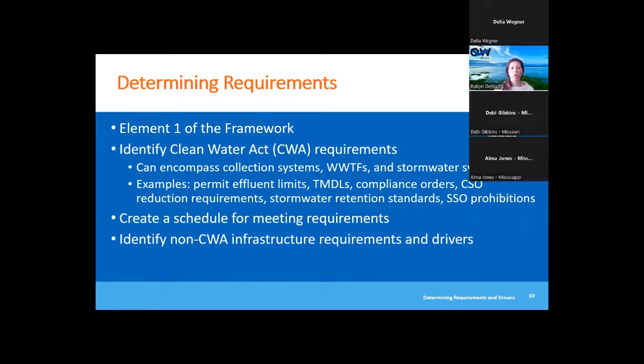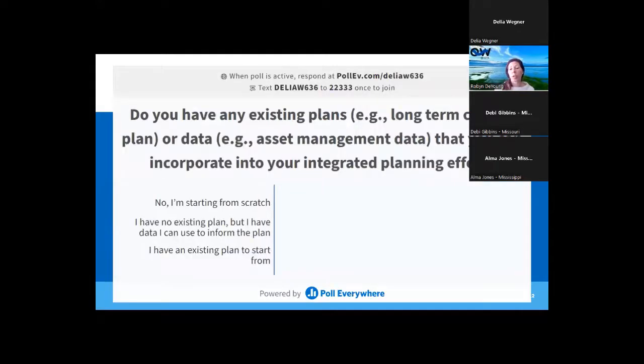Okay, so let's go to the next slide after you think about your requirements and maybe some non-clean water requirements. Okay, great. So Leanne talked about MS4 and floodplain and wastewater treatment facility. Great. What about maybe some community priorities that are not discharges? Let's hear from the group.